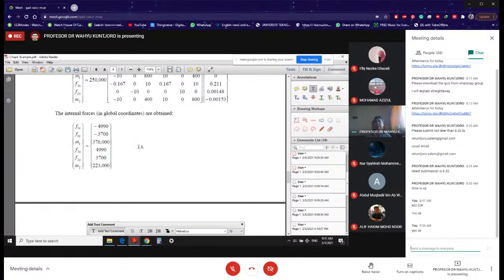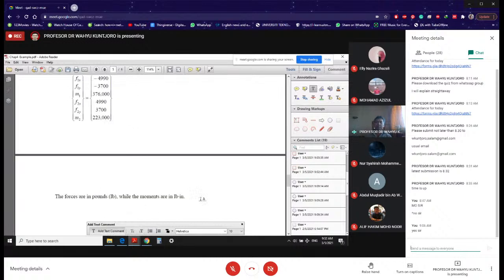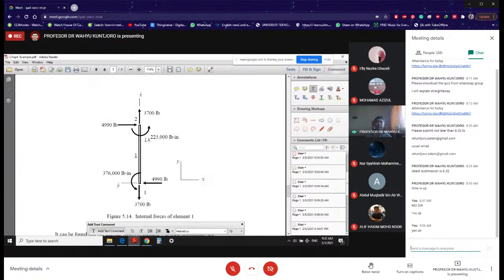So you can write down this result onto your element diagram, following the positive direction as given over here. So for example, M1 and M2, these are positive. That means they are counterclockwise. All right, so that is how we do it.